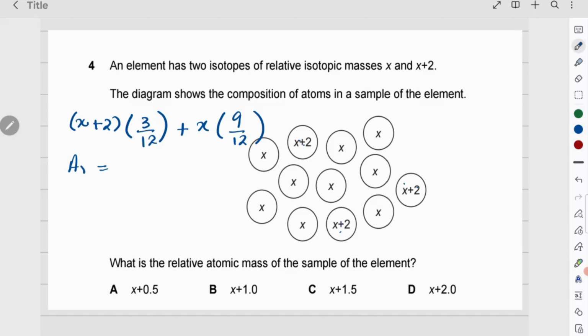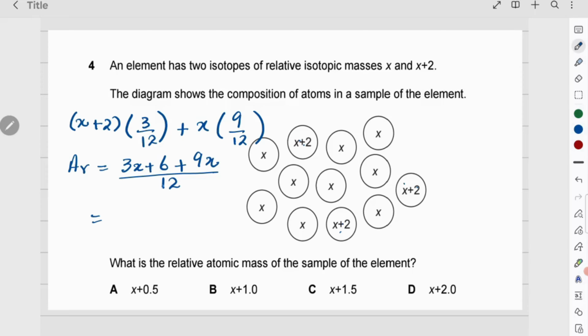So we are calculating the relative atomic mass of this substance. It will become 3x plus 3 2s are 6, plus 9x, divided by 12.